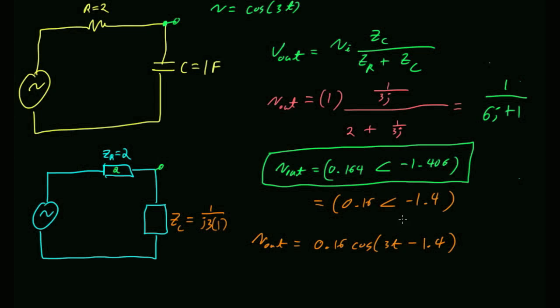And the only price that we had to pay for that was to assume that our input was a cosine, and then use the complex notation, but that turned out to be pretty easy to deal with. What do you think of that? It's pretty sweet.